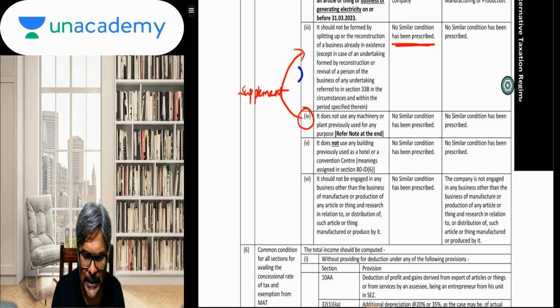It does not use any building previously used as a hotel or a convention center. It is primarily meant for ITC and the Tata groups, specifically ITC, because in their hotel buildings they have many hotel properties which they can use for, say for example, confectionery manufacturing. Some of the facilities of their hotel units can be utilized for manufacturing confectionery items, which ITC is into.